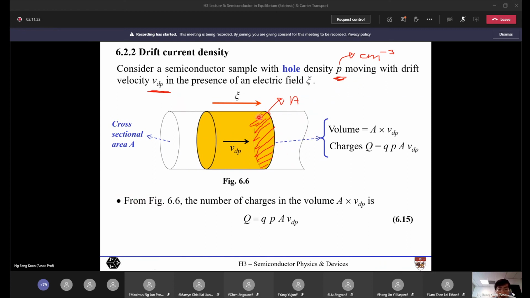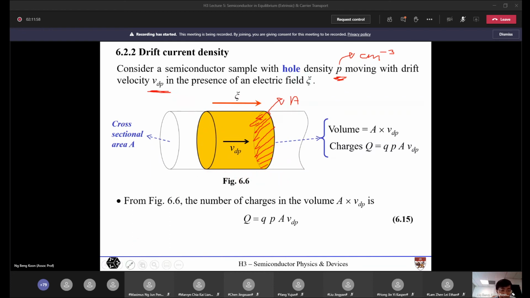In 1 second, with a drift velocity of VdP for a hole, a hole will basically travel a distance of VdP. So the amount of charge that will flow through this cross-sectional area will be those within this volume here up to a length of VdP.